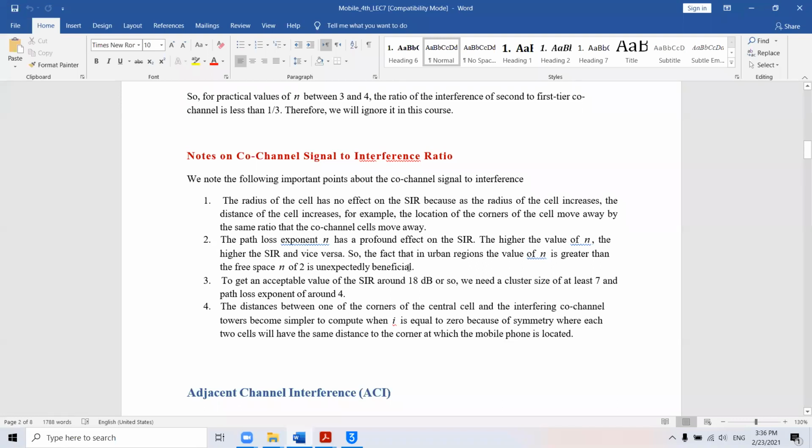So the fact that in the urban region the value of n is greater than the free space n of 2 is beneficial. Okay, so we will make use of this when n is large. To get an acceptable value of S over I around 18 dB or so, we need a cluster size of at least 7 and a path loss exponent around 4.